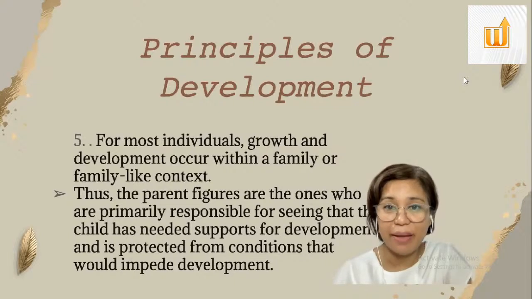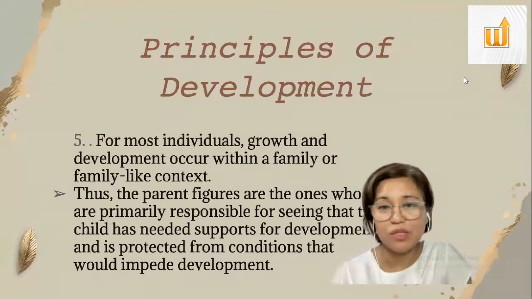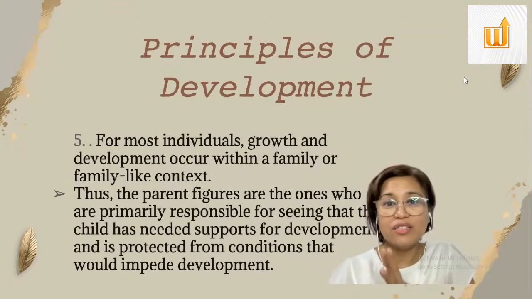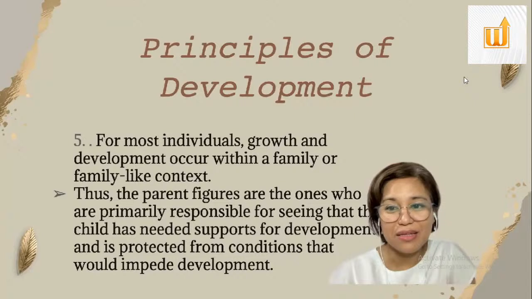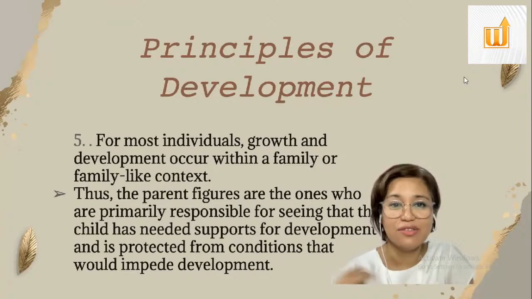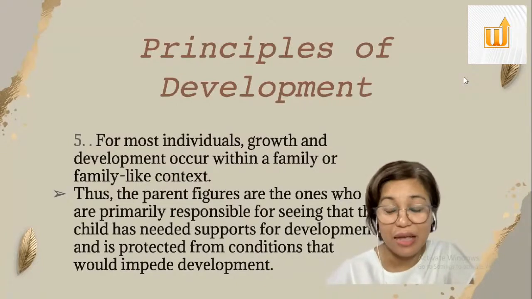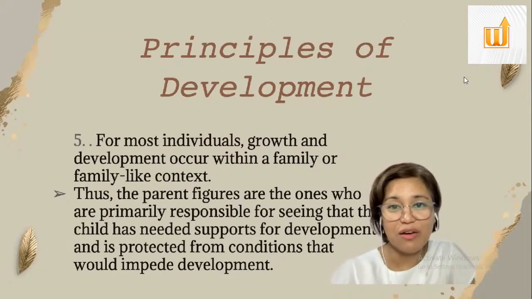So the context of the family is very important. This is a very important principle. That's why the basic unit of society is the family, because that's where we grow as a person, and family is important. So pag sinabi nating pamilya dito, hindi lang naman yung tatay at nanay, the caring individuals around the child, the zone of proximal development, as I may say, from the theory of Bronfenbrenner and Vygotsky.